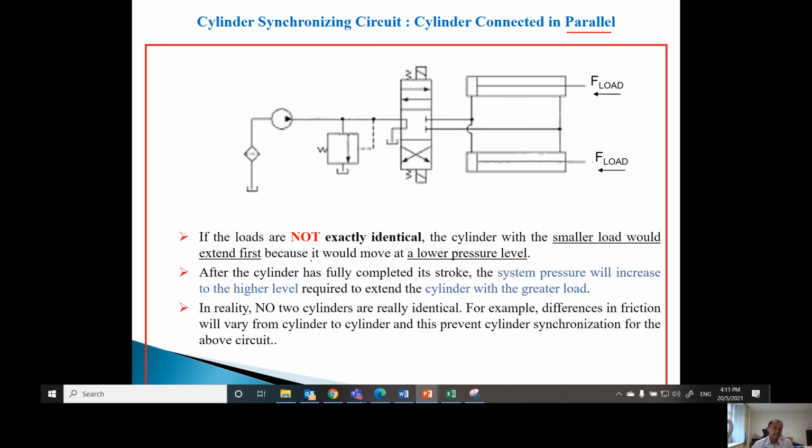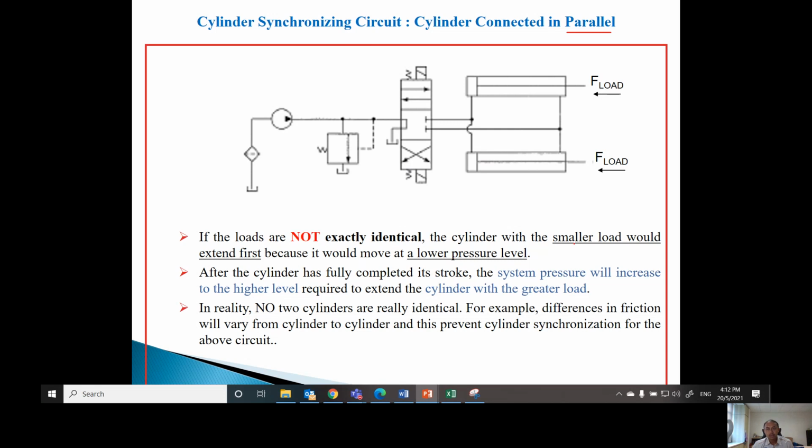Even though the cylinders look the same in the figure, ideally they are not exactly identical. The cylinder with the smaller load will extend first because it will move at a lower pressure.